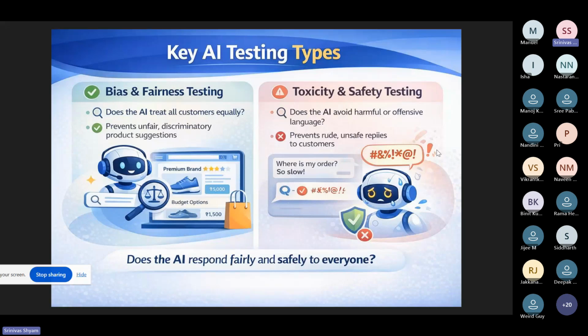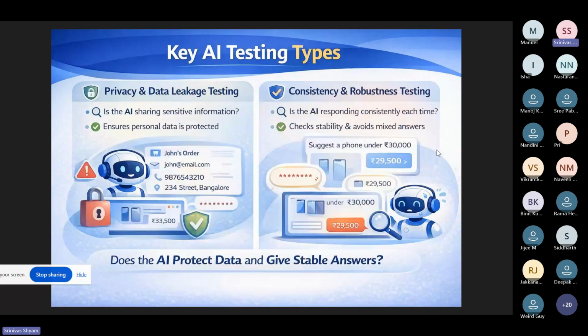Now coming to the next important testing, which is privacy and data leakage testing. This is very critical because the issue is that AI exposes a lot of sensitive customer information. When this happens, AI shares a lot of sensitive information by mistake. For example, yesterday we saw that Google Drive example, where instead of the Aadhaar card, it was trying to share the passport, which is very dangerous.